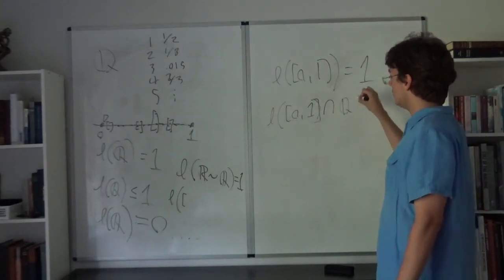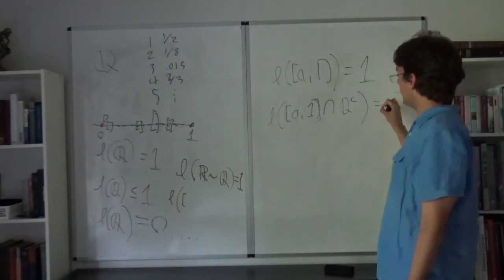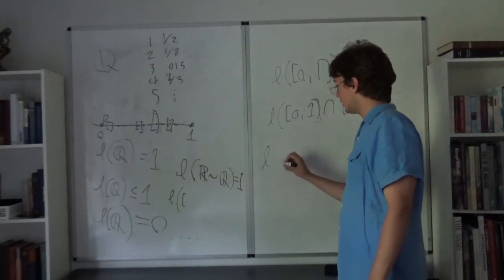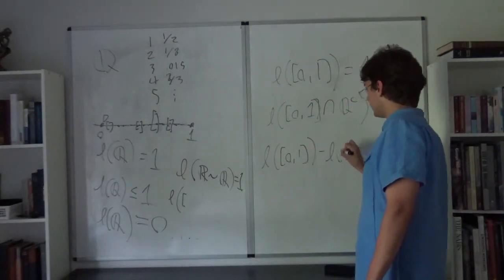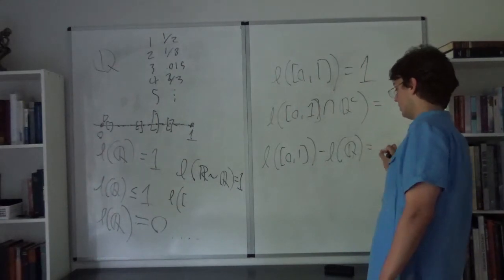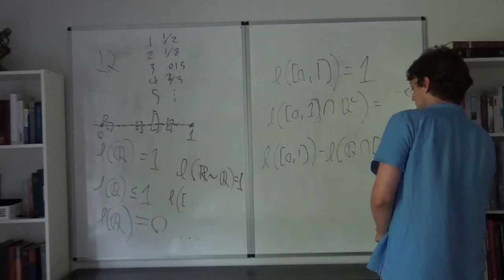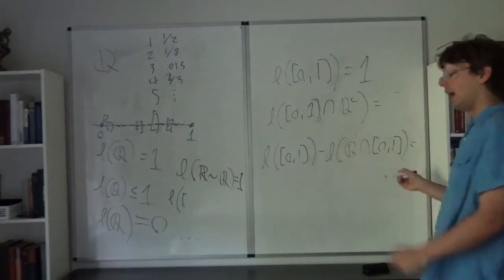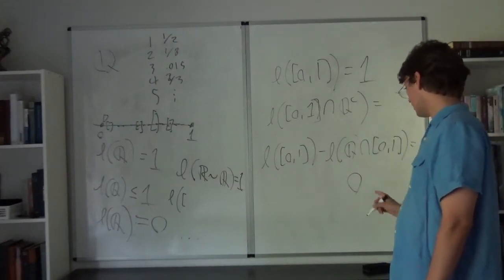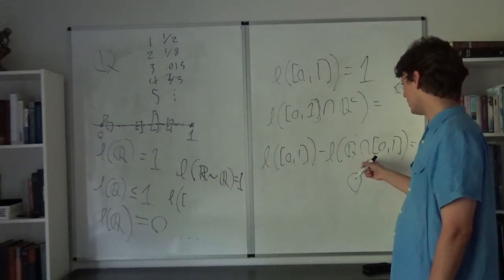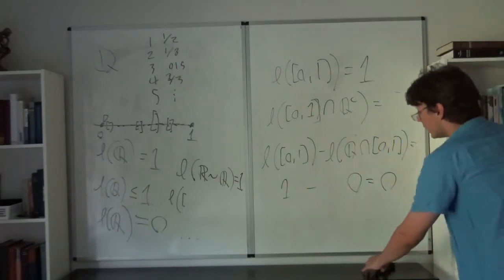You take their complement, which is all the irrational numbers. Well, that equals the length of 0, 1 minus the length of all of the rational numbers inside of 0, 1. And that right there is 0, and that right there is 1. So this equals 1.